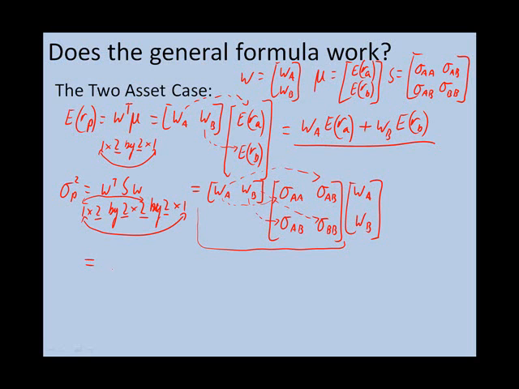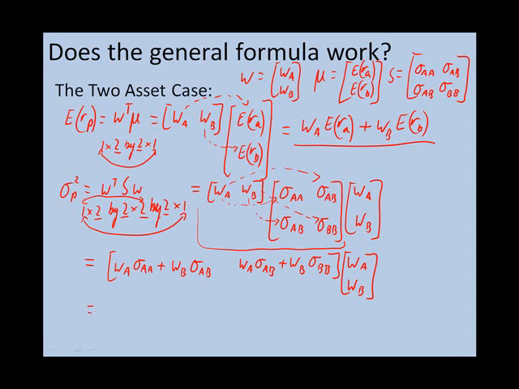Let's do this now. WA sigma AA plus WB sigma AB. That's the first element of the matrix, and then the second element is going to be WA sigma AB plus WB sigma BB. And this matrix is going to be multiplied by WA, WB.